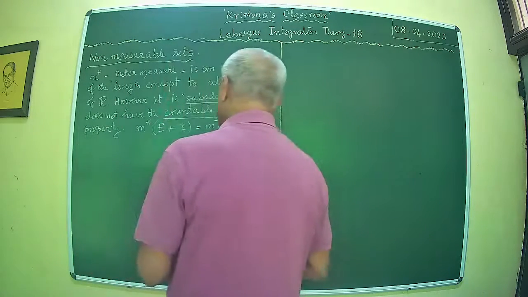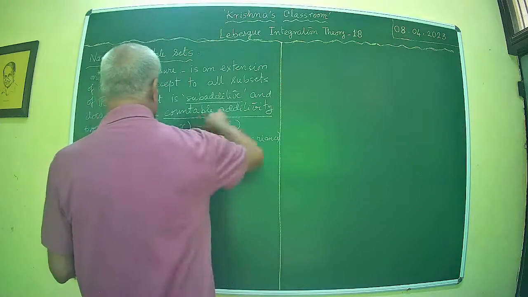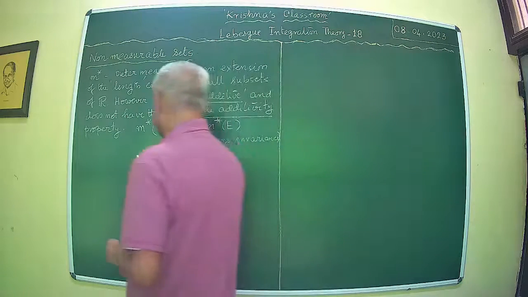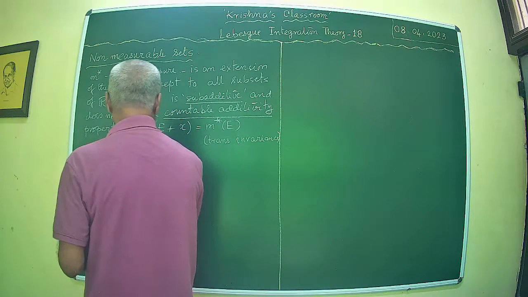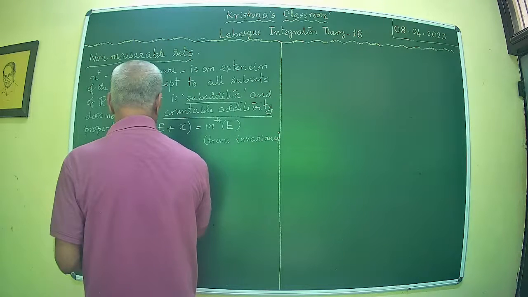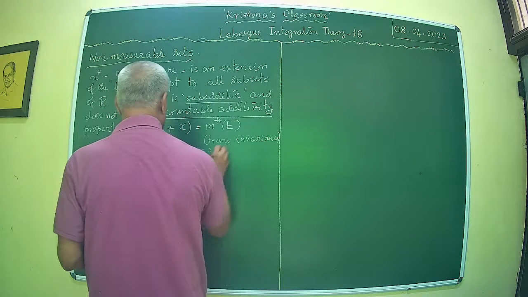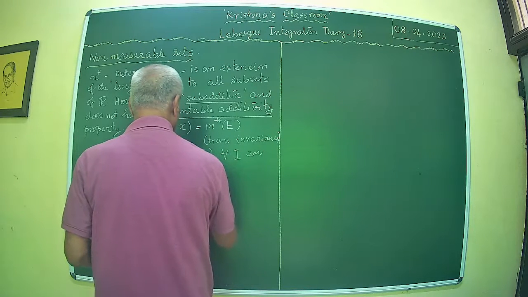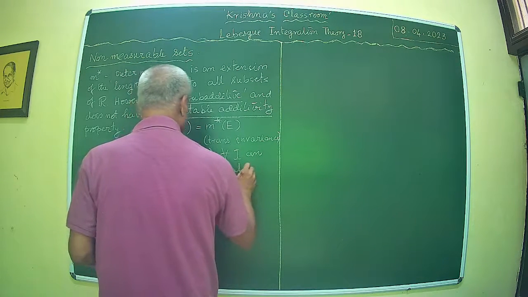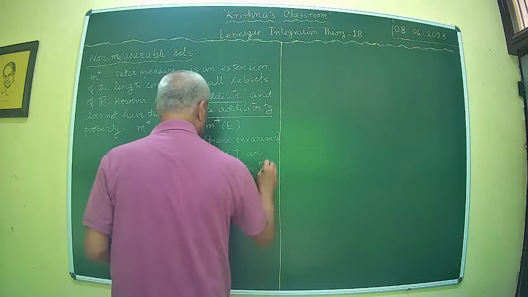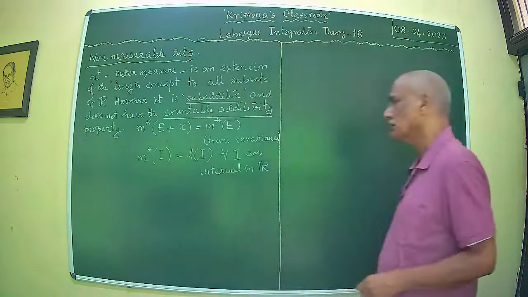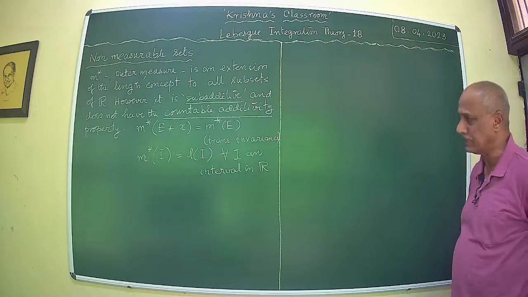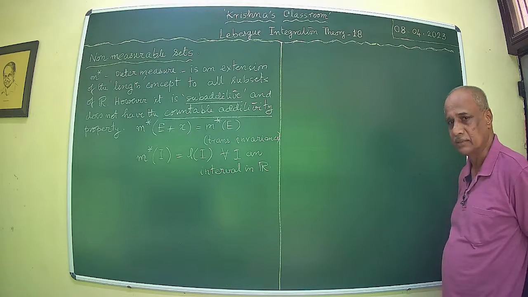Then it failed to meet the countable additivity property, and as I said, it was an extension. So M star of interval I equals length of interval I. So it has only partially met our requirement.